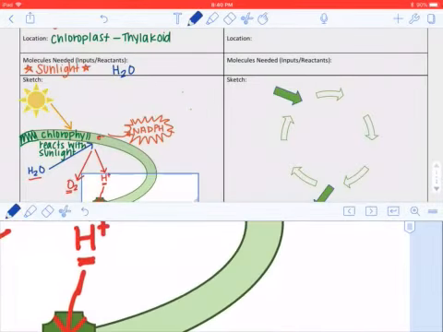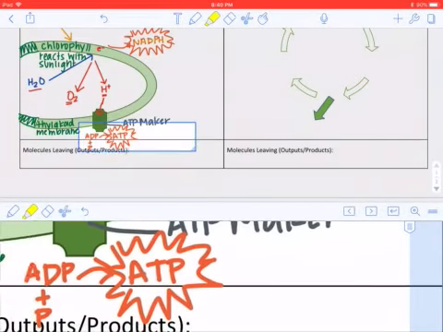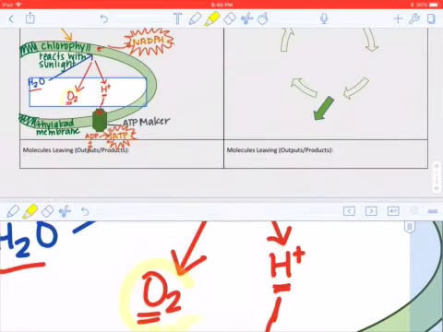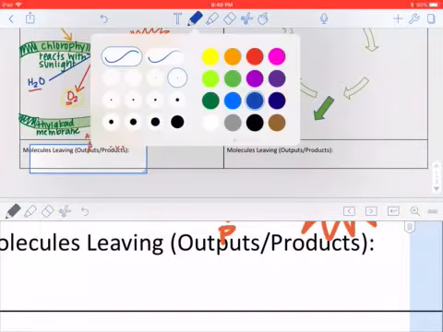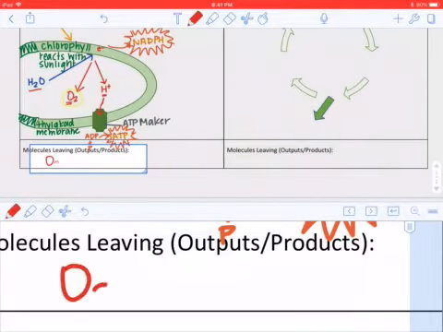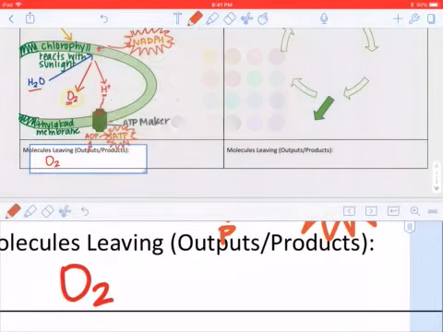And then what we get out of it is going to be this NADPH. And that's going to move on to the next step. ATP, which moves on to the next step. And our oxygen. Our oxygen is going to move out of the cell. We don't need that oxygen for our plant cell anymore.